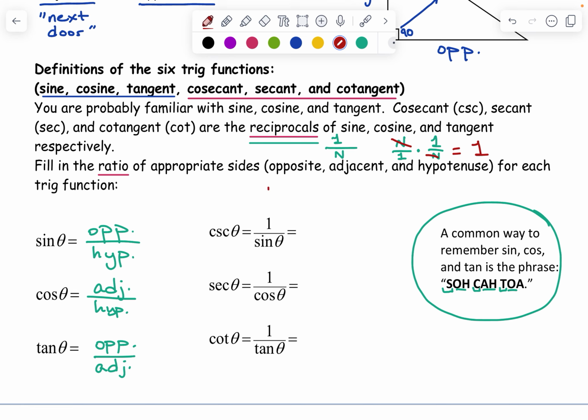You can see right here, it's just taking this guy, the sine, and putting it under 1. It's just an official name for taking this value from over here and then putting it under 1. So another way we can think about this is actually taking this original ratio and flipping it.